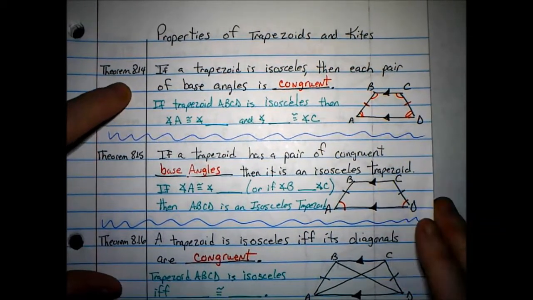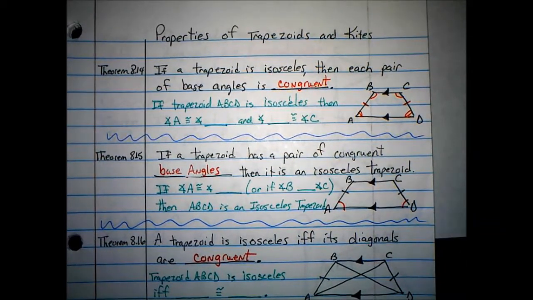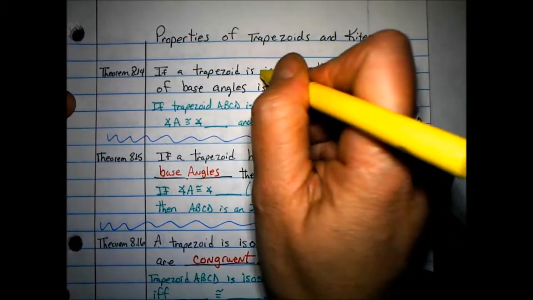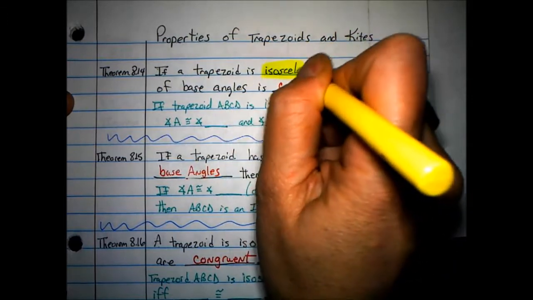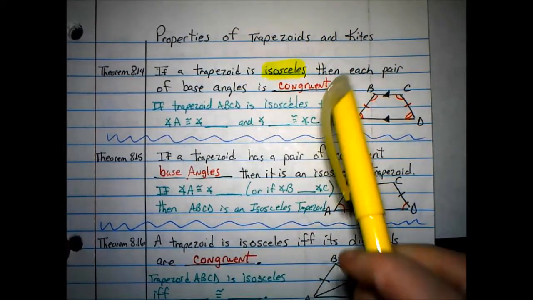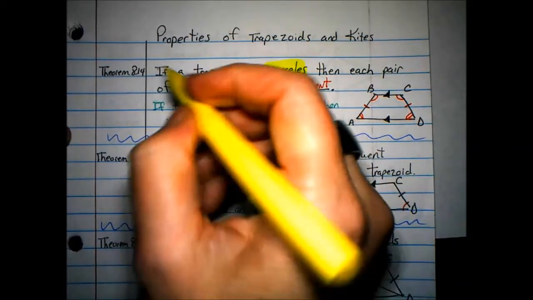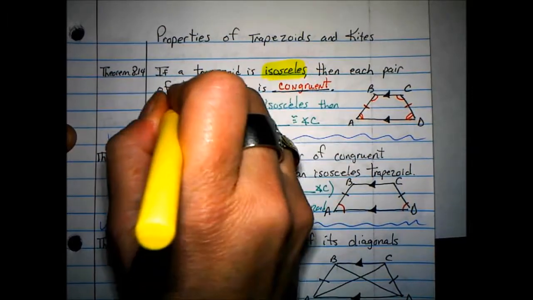The first one is Theorem 8.14. It says a trapezoid is isosceles. Remember, a trapezoid has one set of parallel sides. For an isosceles trapezoid, each pair of the base angles, remember base angles, are congruent.